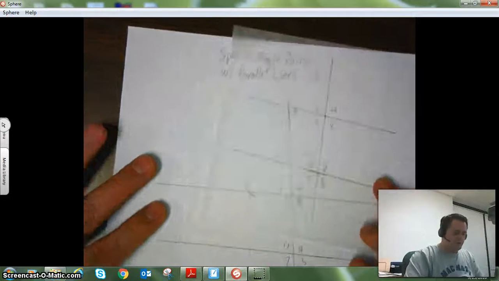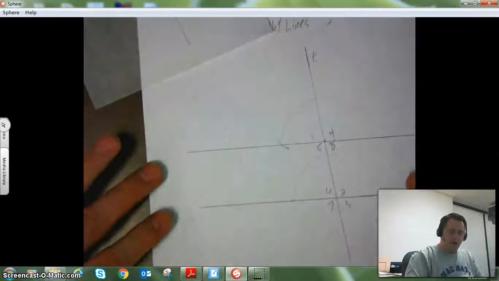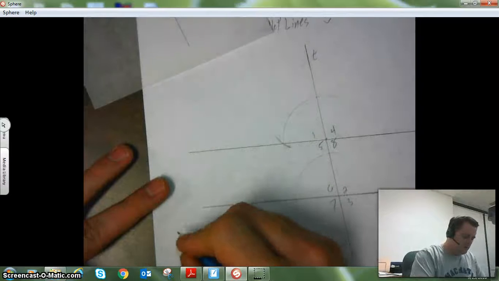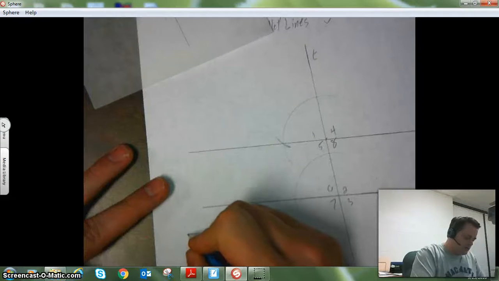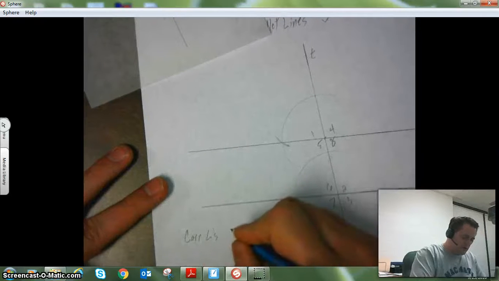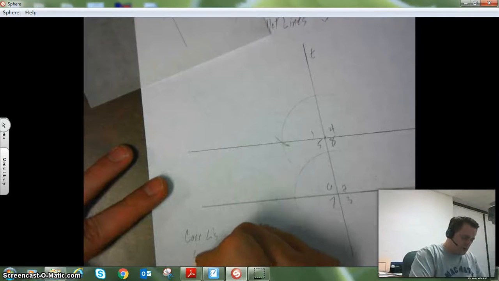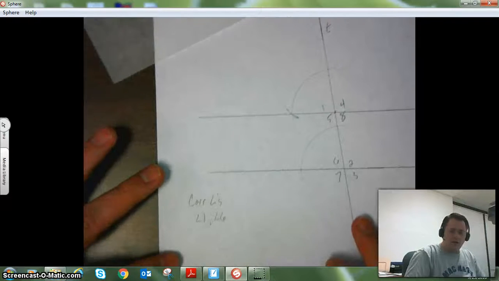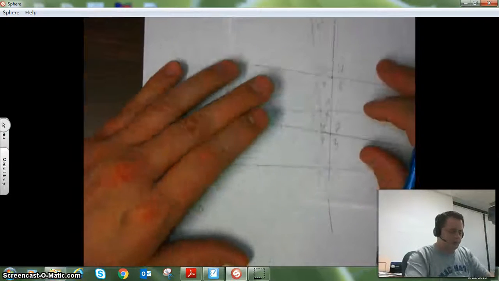Okay? So what we want to know is how do the corresponding angles, how do the alternate interior angles, how do they all work? So let's say my corresponding angles. Well, angle 1 and angle 6 are corresponding angles.